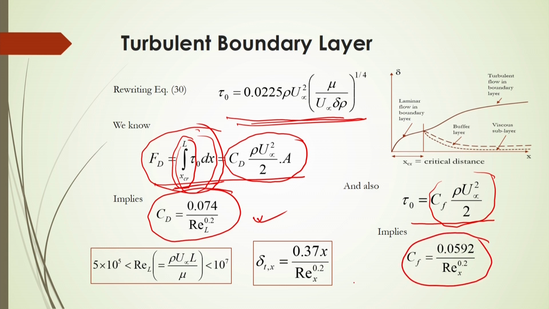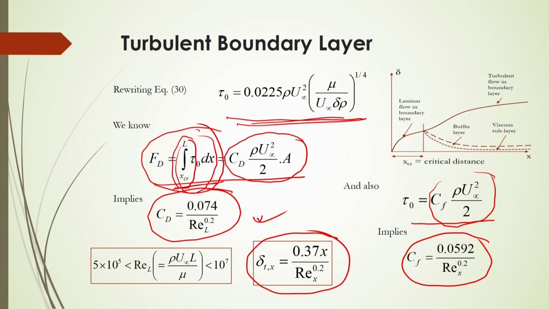After that, if we know the Reynolds number based on the drag coefficient, we can also find the boundary layer thickness based on this theory.